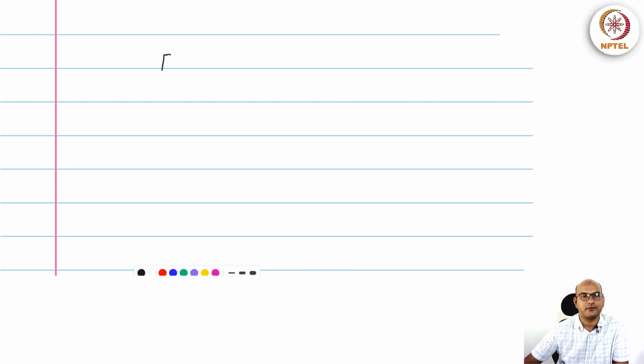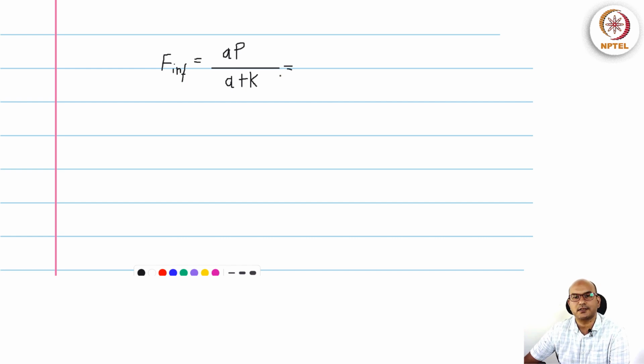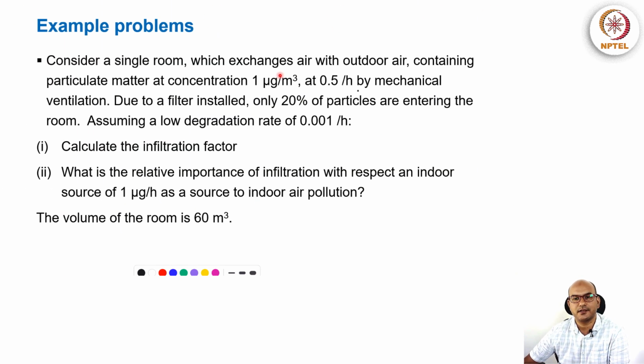So F_inf we know is given by A times P divided by A plus K. So what is the air exchange rate? It is 0.5 per hour.